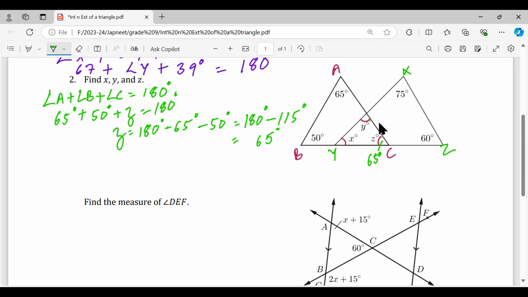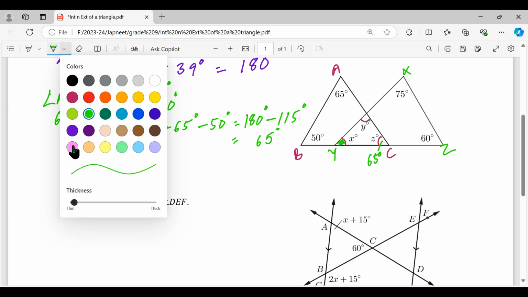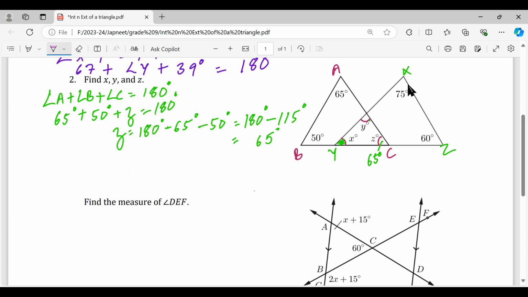Now we need to figure out y and x. So before we find y, we can find x. Let's calculate x, how to work on it. So again, you have a triangle x, y, z. So you know that the sum of all the angles of a triangle is 180 degrees. Hence, angle x plus angle y plus angle z equals 180 degrees.